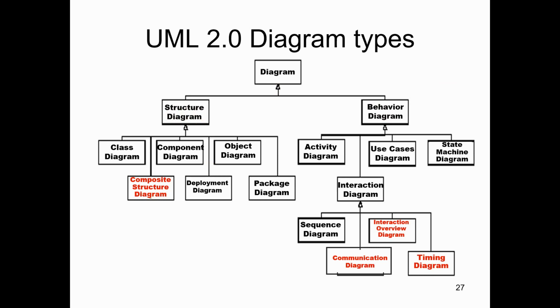Structure has the class diagram, which is the one we use most often, and the component, composite, object, deployment, and package diagrams. The behavior side covers different kinds of dynamic behavior of the software: the activity, use case, state machine diagram, sequence, interaction overview, communication, and timing diagrams.